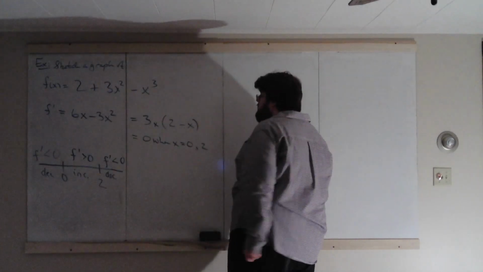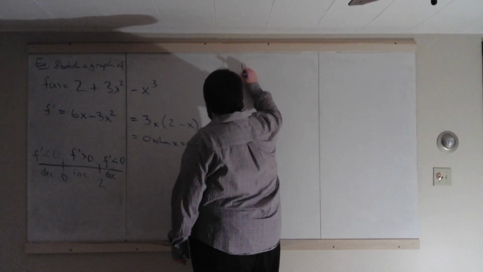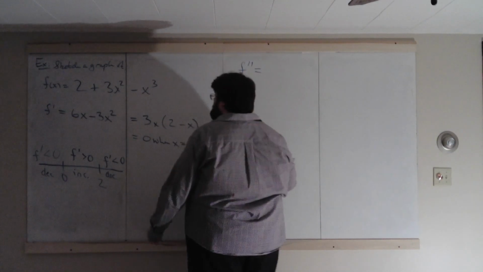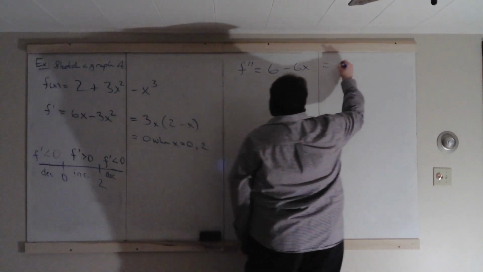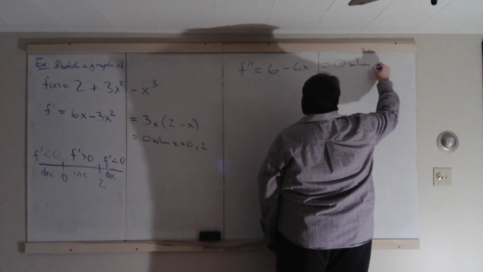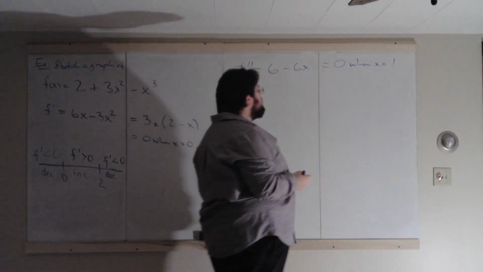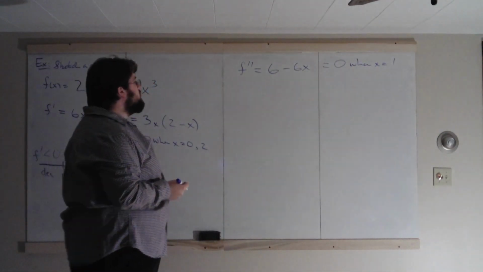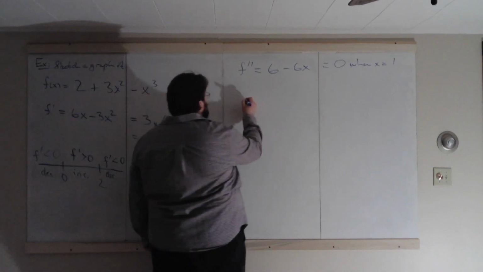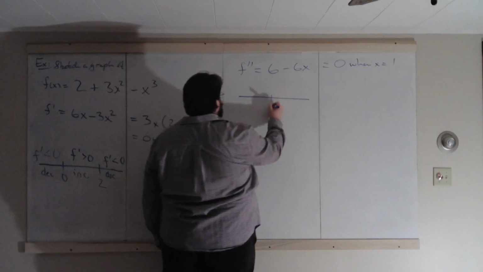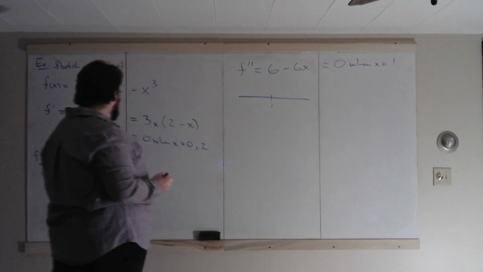Well, that's great. Now let's do that with the second derivative. Second derivative is 6 minus 6x, which equals 0 when x equals 1. Well, you can factor out a 6. You get, what, 6 times 1 minus x, or you could add 6x and divide by 6, or however you want to solve that, so long as it's correct. So let's mark off 1.